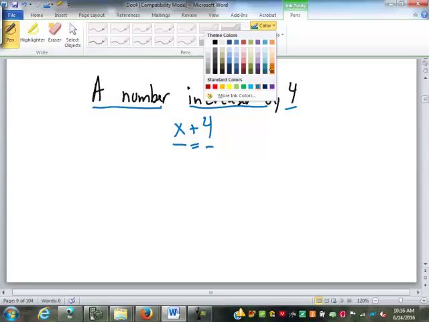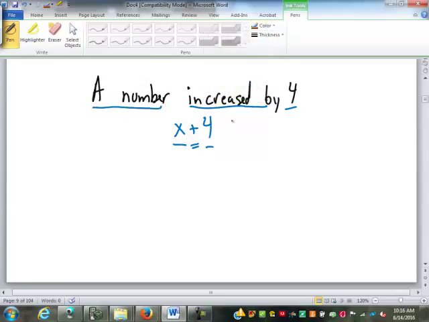There are a lot of other phrases that could indicate X plus 4. We might have 4 more than a number. That would be X plus 4, or 4 plus X. It's the same thing. A number plus 4.